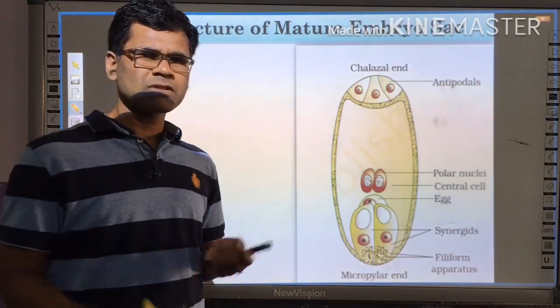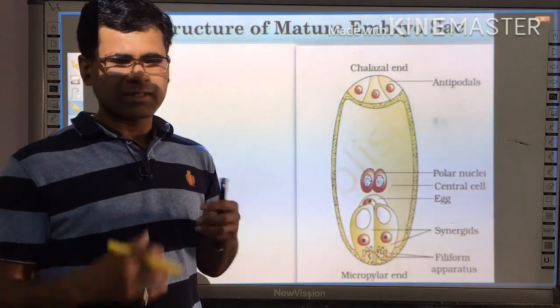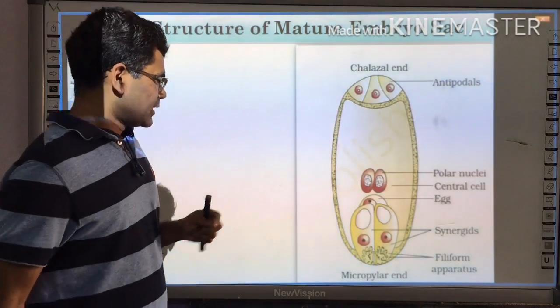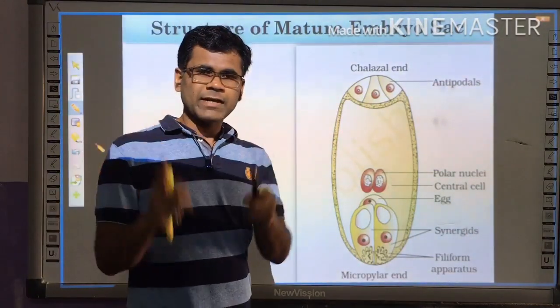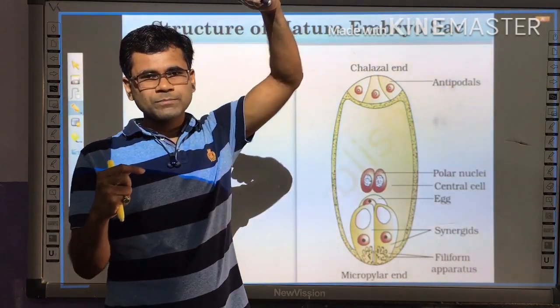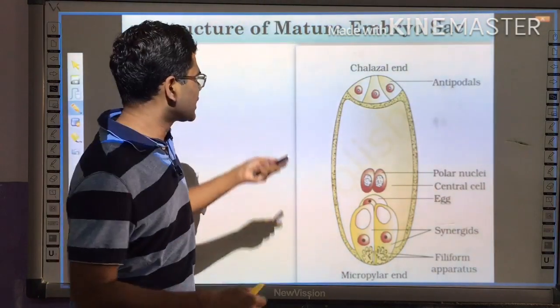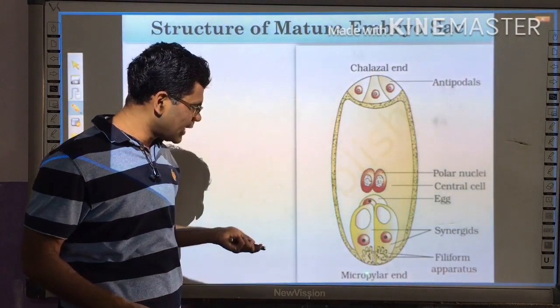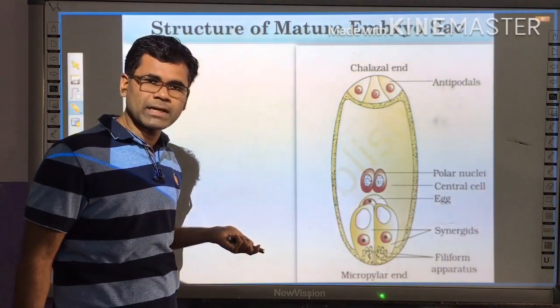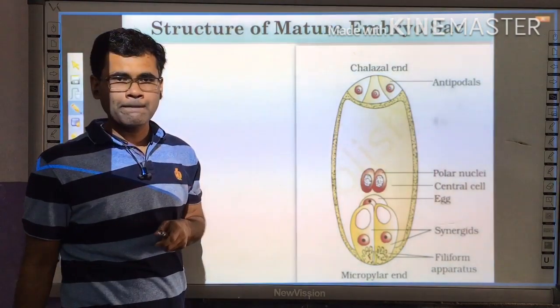So let us discuss the various components and their functions. The first thing, again I want to define, is that there are two poles. The upper pole is the Chalazal end or Chalazal pole, and the lower pole is called the micropylar end or micropylar pole.